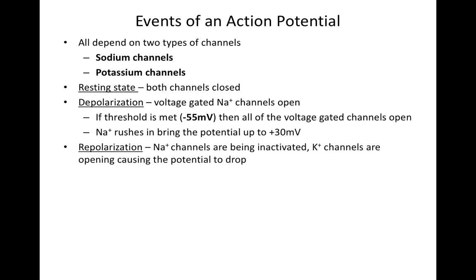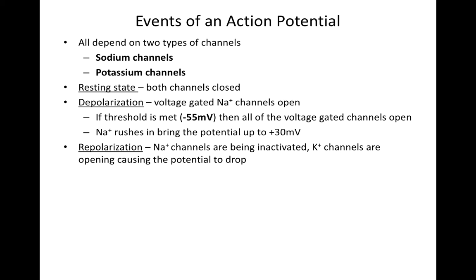Now, once we get up there to positive 30, positive 35, somewhere in there, the sodium channels become inactivated. So no more sodium is able to come into the cell. And by this point, the potassium channels have finally opened. So the potassium now is going to start moving out of the cell down its gradient.